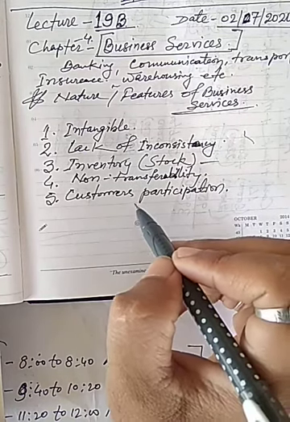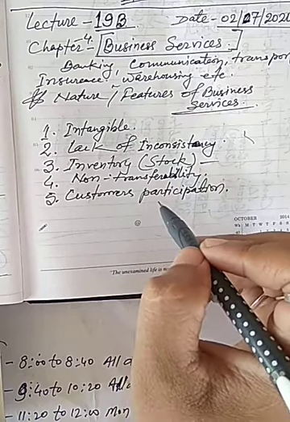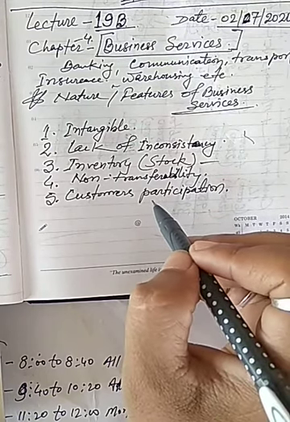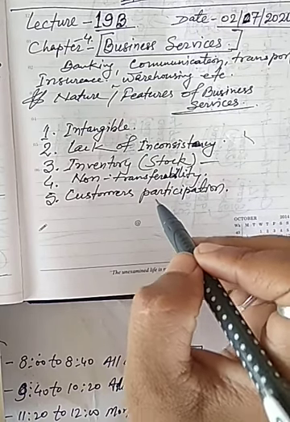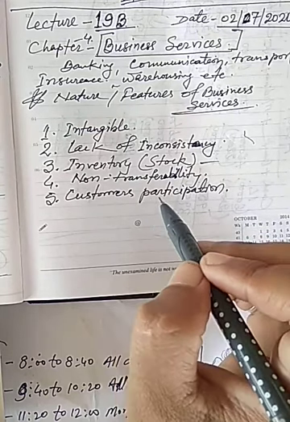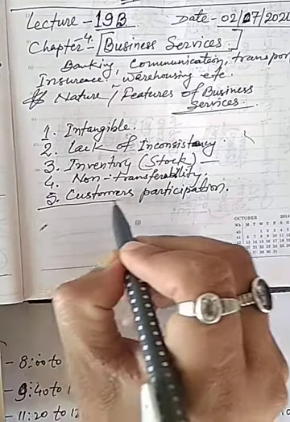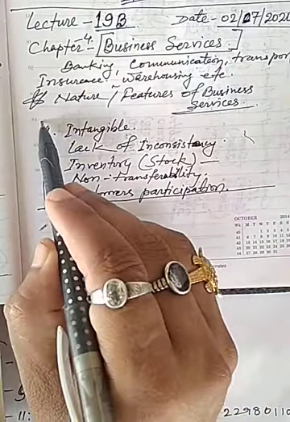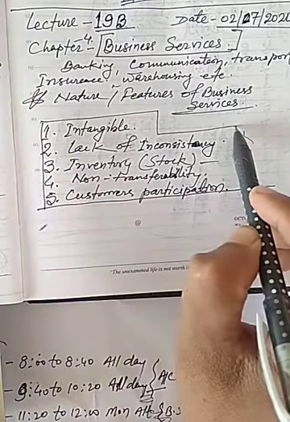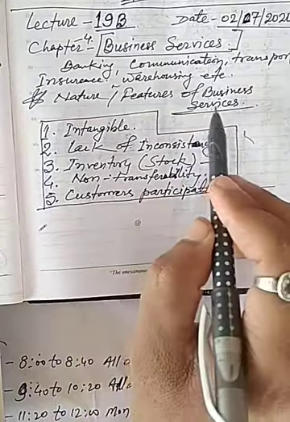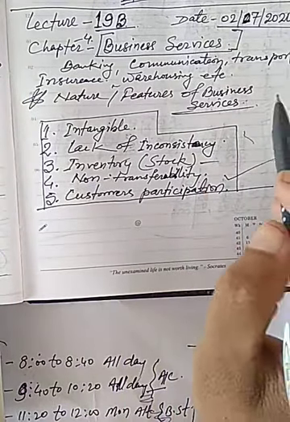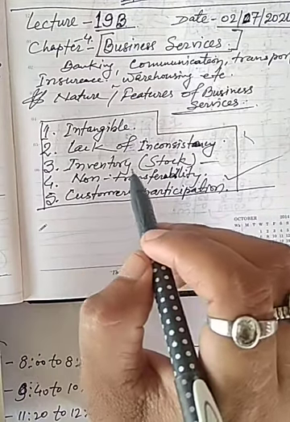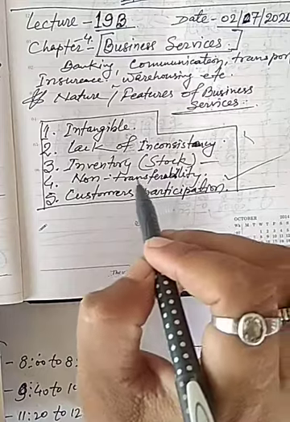For example, telephone companies provide telephone services, but to use this service, the customer has to make or receive the call. So these are some characteristics or nature or features of business services. These features are most important for services.